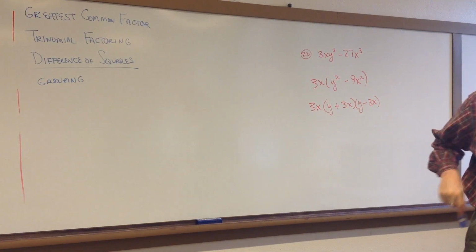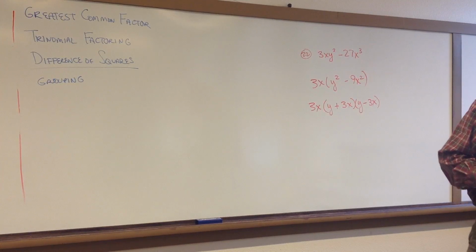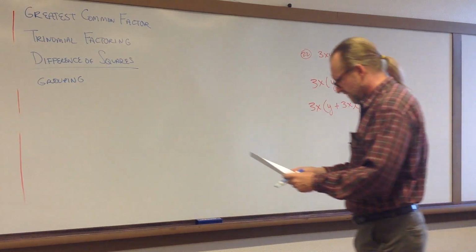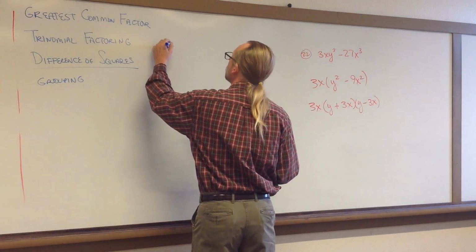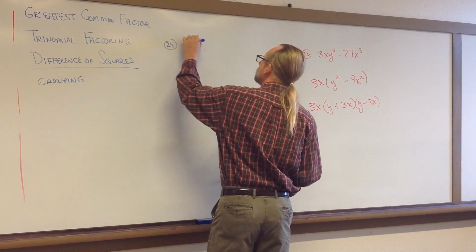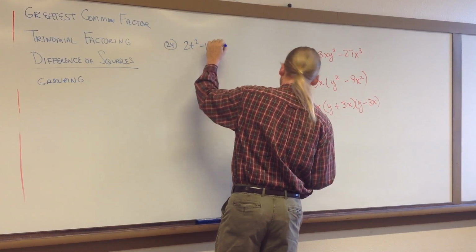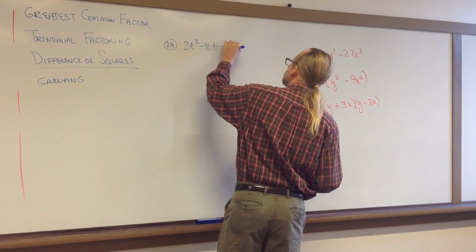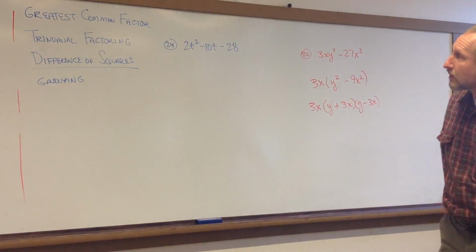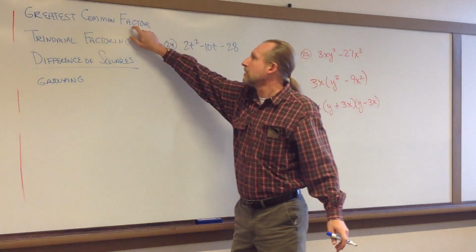Okay, let's see here. Well, these are all pretty good example problems on this first page here. Problem 24, we've got 2t squared minus 10t minus 28. So again, right away, I would recommend that you look for a common factor here.